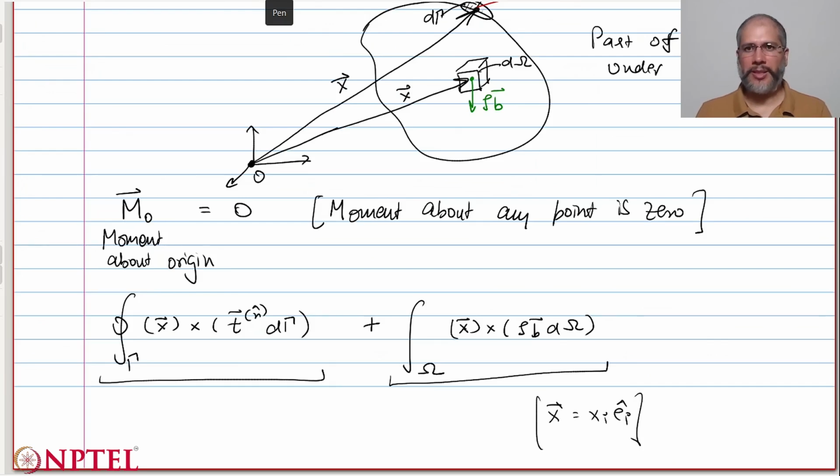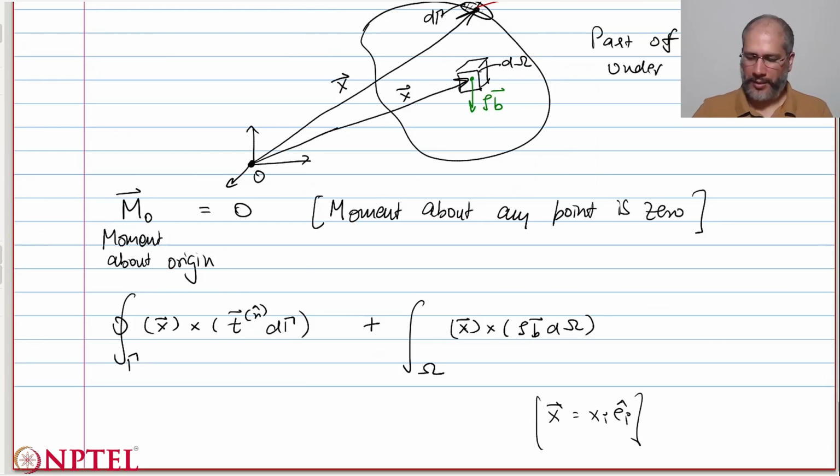But since these materials are very rare in general usage, we'll assume that we are dealing with non-polar materials, which 99.99% of the cases in general are. So what that means is that these are the only two moments possible, and the sum of these is equal to 0, because the net moment on the body around the origin is 0.